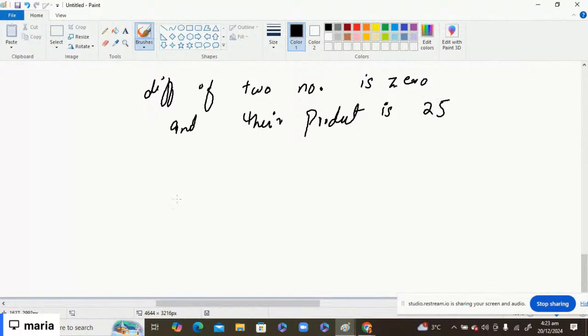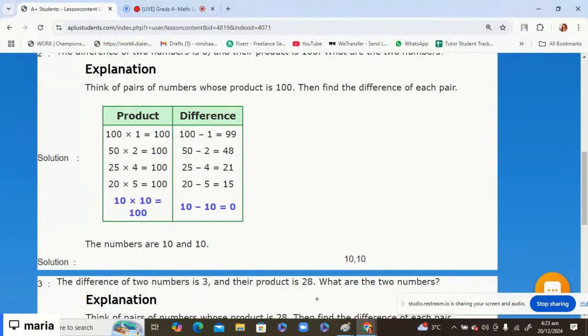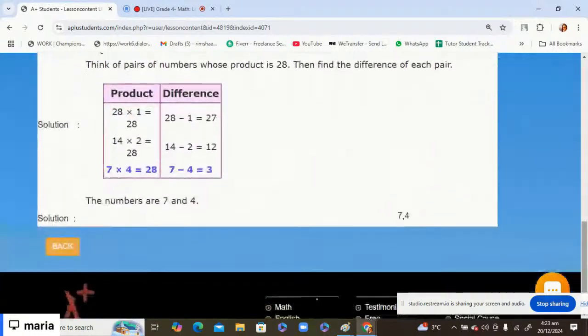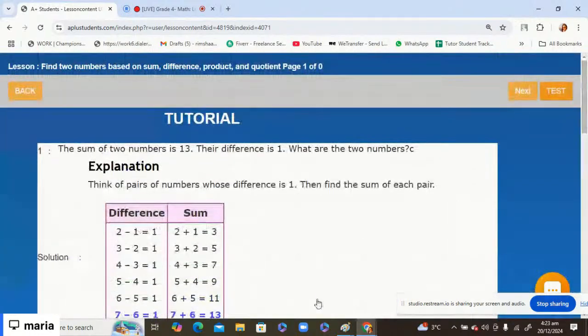Which two numbers multiply to give 25? Only 5 times 5, that is 25, and subtraction 5 minus 5 is 0. This is the thing that we have done in it. It's just like multiplication. Let's start the test.